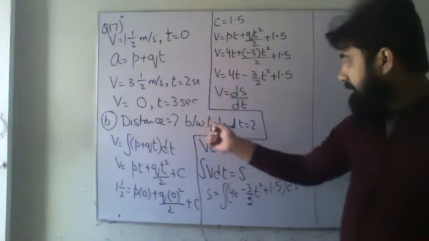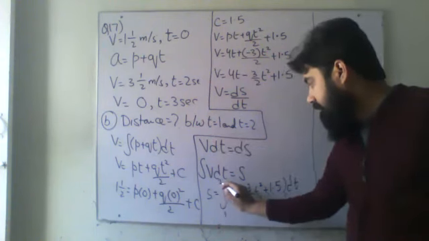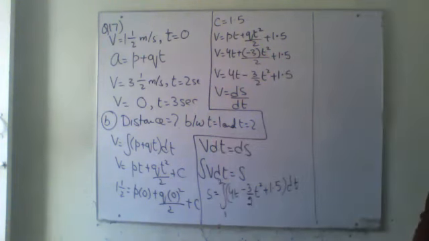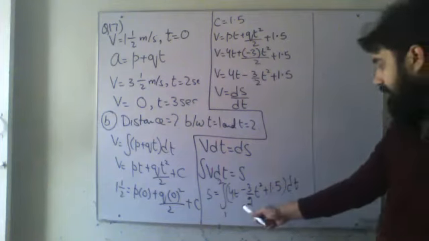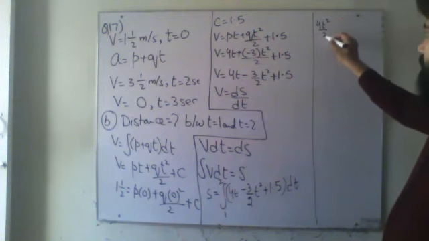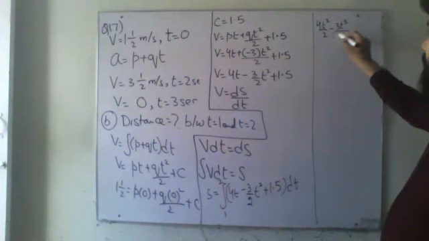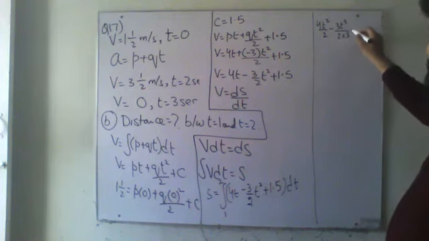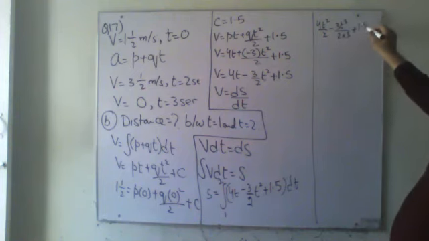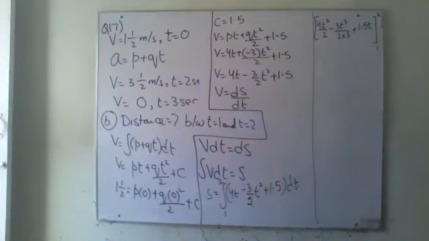They are asking between 1 and 2, so that will be applied as the limit 1 to 2. Integrated, this will become 4t squared over 2 minus 3t cubed over 2 into 3 plus 1.5t, and I will apply the limits 1 to 2.